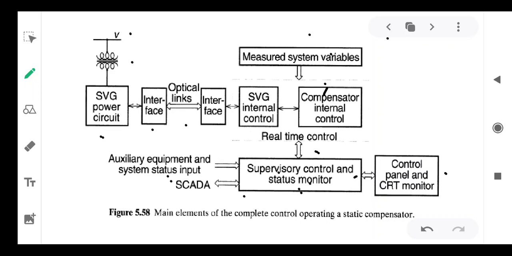So one of the control circuits is the SVG control circuit of a particular substation or power system, which can be controlled according to our requirements with the help of SCADA. So all these parameters are monitored and stored in the system. So from here we can control the entire system.